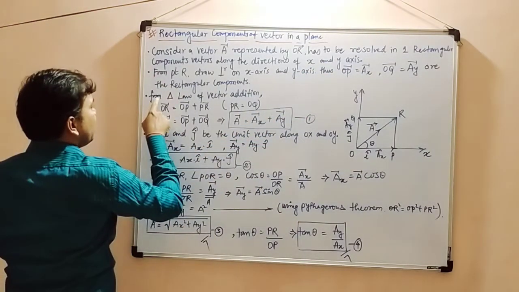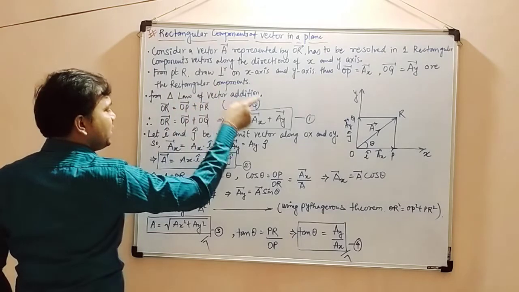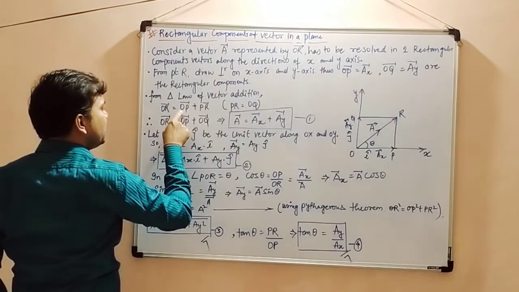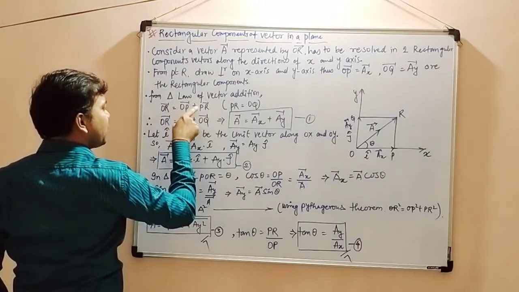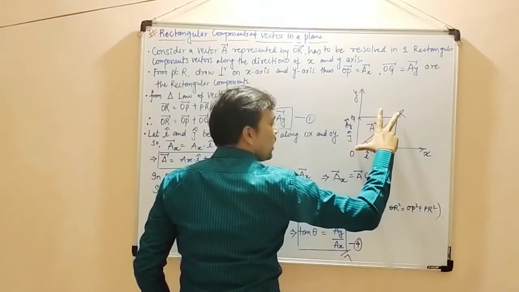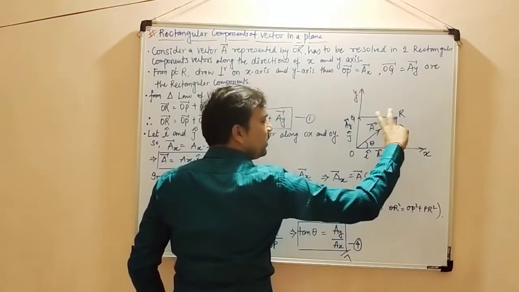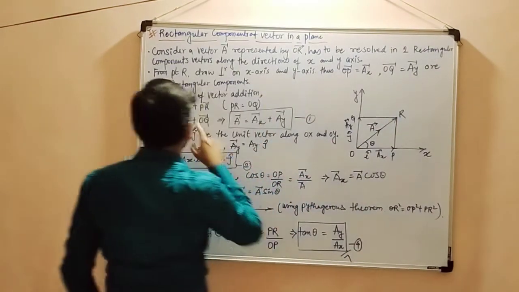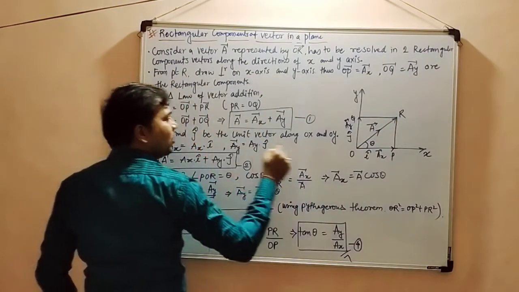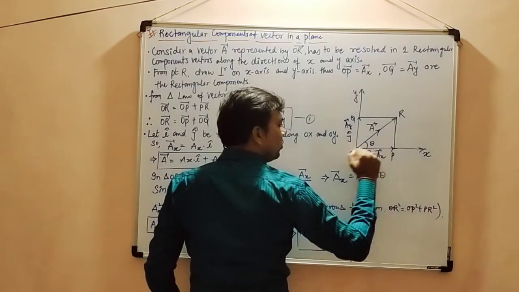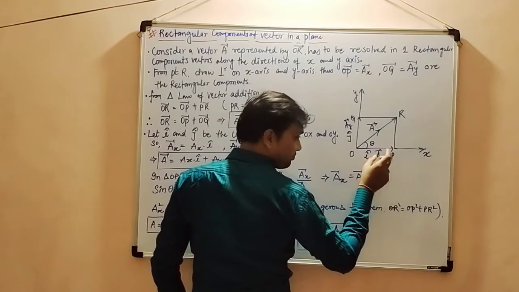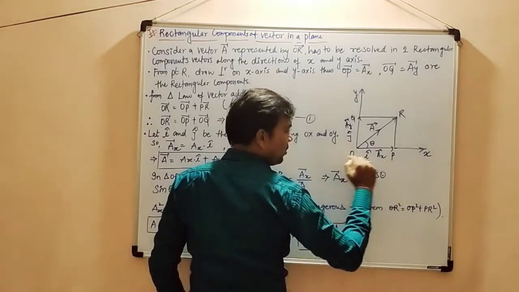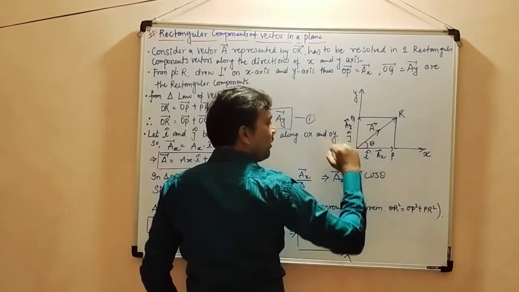From the triangle law of vector addition, OR equals OP plus PR. Vector OR equals vector OP plus vector PR. Here we have used the triangle law. But we have already mentioned AX along OP and AY along OQ.